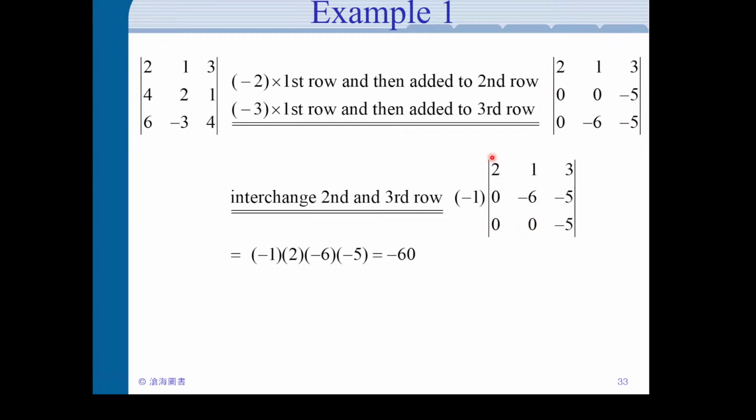And now I see we are already in triangular form. So the diagonals here are 2, -6, and -5. And because we swap one time, we multiply by -1, and the result is -60. Okay, so that's how we do this with row operations.